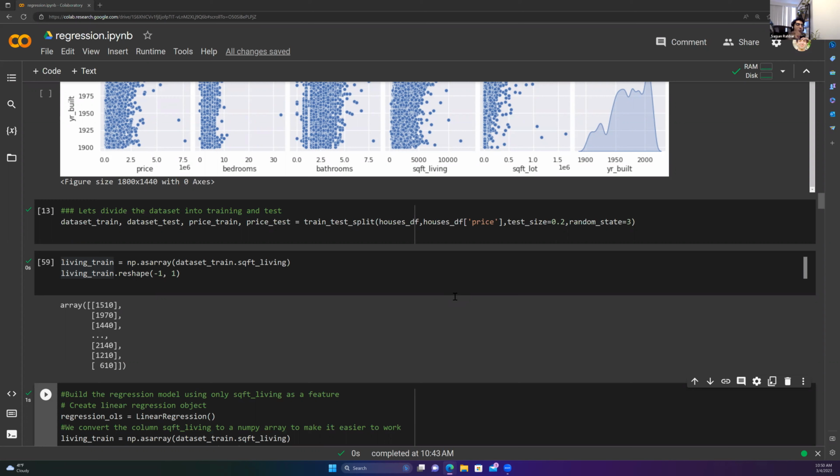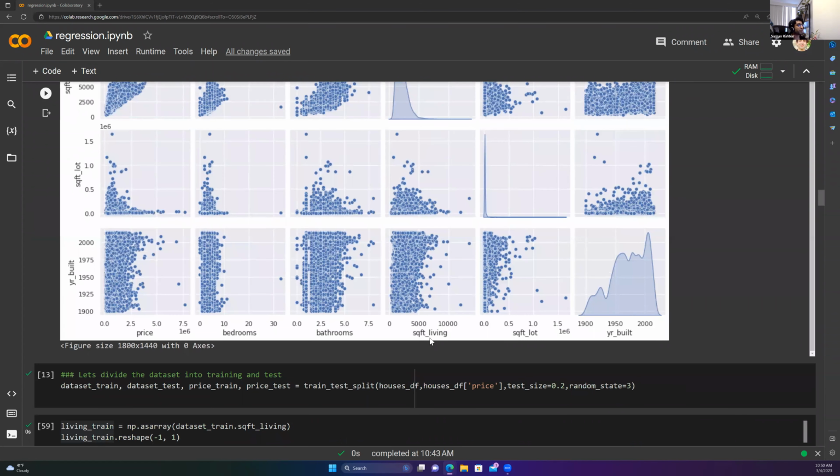So you can add more features. Let's say instead of just square feet living, you can add bathrooms, bedrooms, year built. And now for the decision trees, let's say you have 100 estimators. These 100 estimators are initialized randomly, and they go based on reducing the information variance across different combinations of attributes and features that you have.